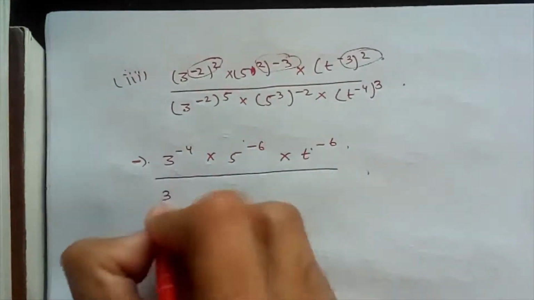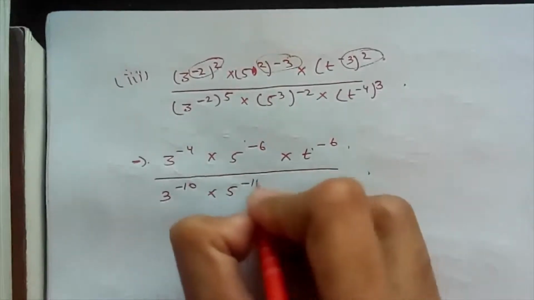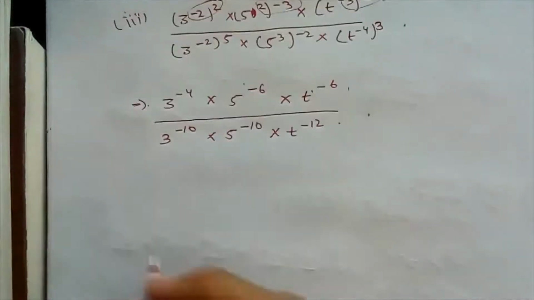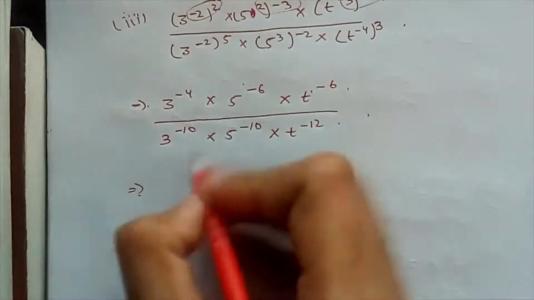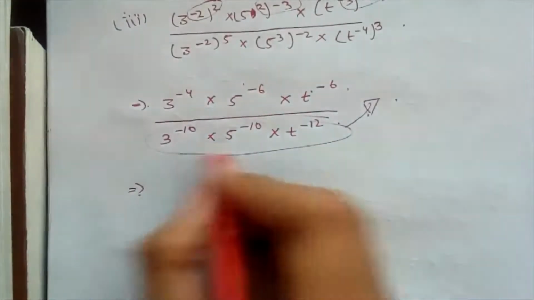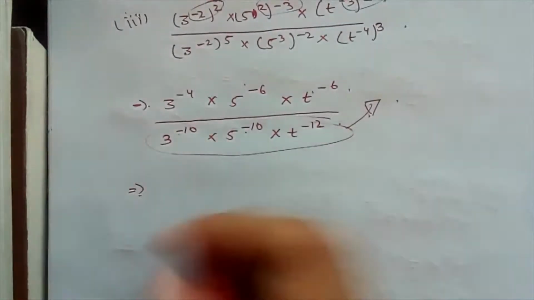Now let's quickly write it as 3 to the power minus 10, 5 to the power minus 10, and t to the power minus 12. Now taking these denominators upward, we will change the sign of every power. These are negative, we will make them positive.